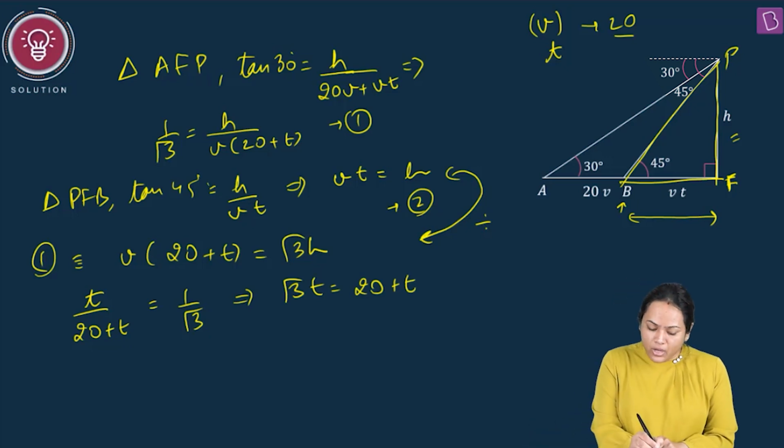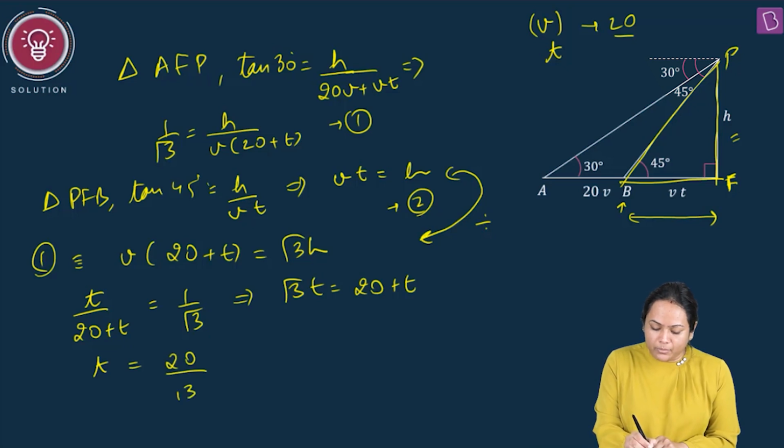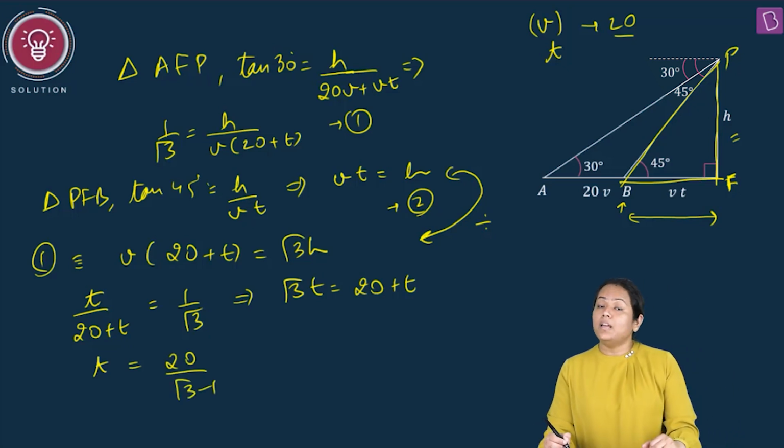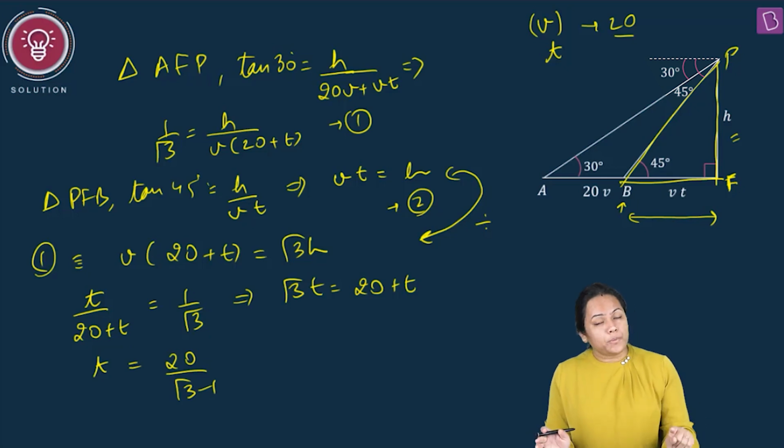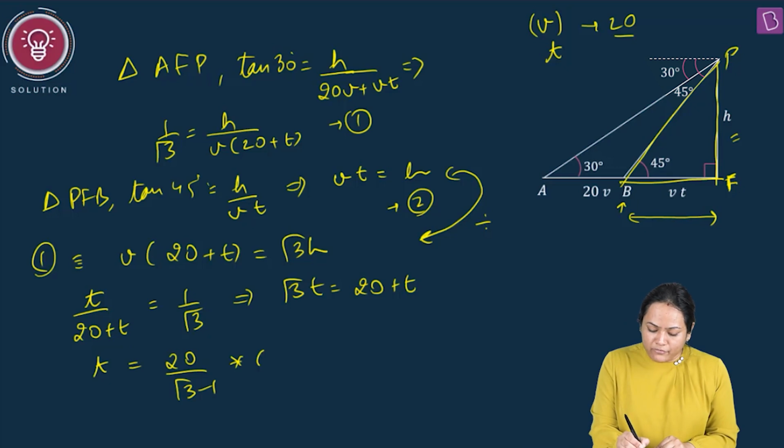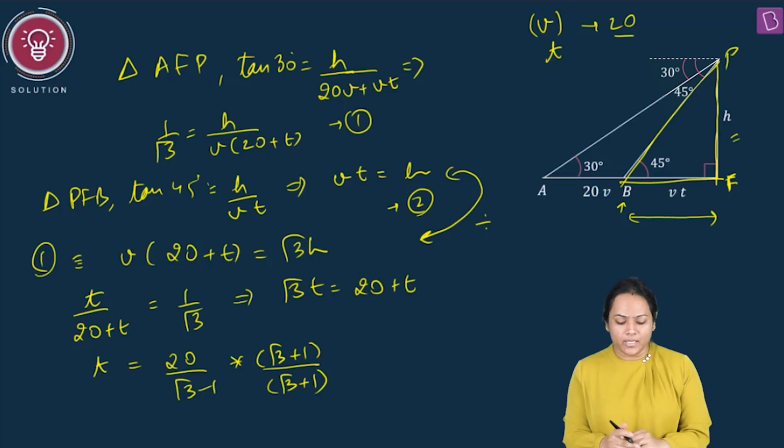Right? So from here, I can write t as 20 divided by (root 3 minus 1). This is not given to me in the options. That means I have to rationalize this. So you know how to rationalize. You have to multiply by its conjugate in numerator as well as in denominator, which is nothing but root 3 plus 1.